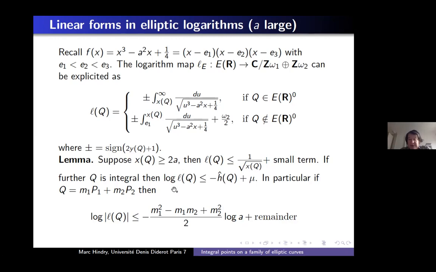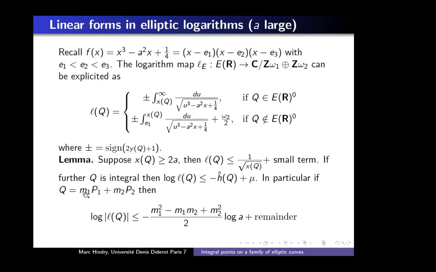So if I take the logarithm of the elliptic logarithm, it is essentially 1/2 of log of xq. Now, if q is integral, then this is essentially the Néron-Tate height, as I explained. So we get an important inequality, which reads like this.